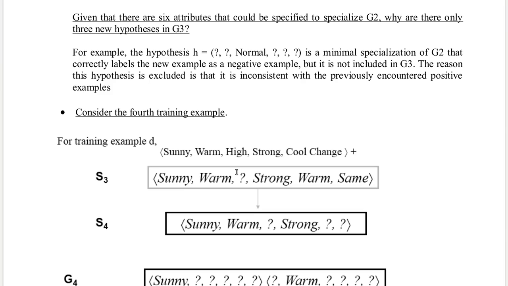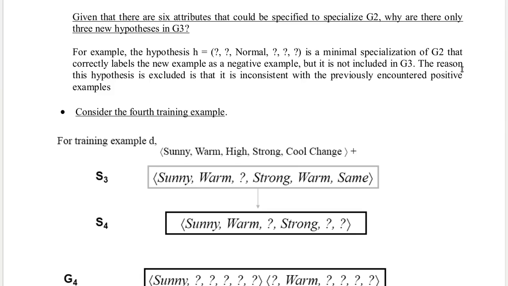Let's move on to the last training example. This training example is again a positive example, and here we need to update the value of S and we need to refine the value of G. So our S3 was sunny, warm, question mark, strong, warm and same.